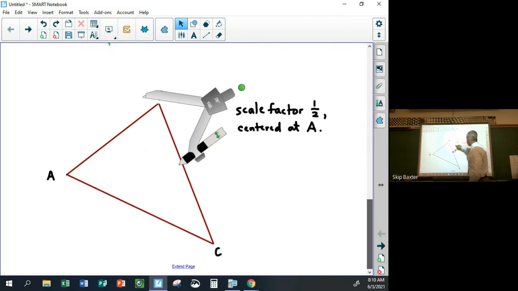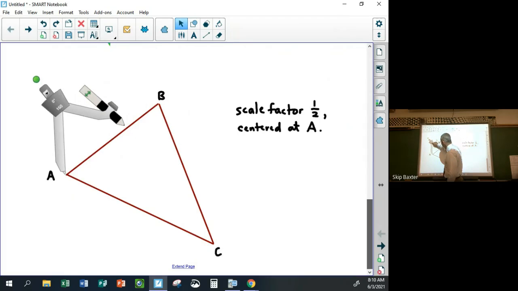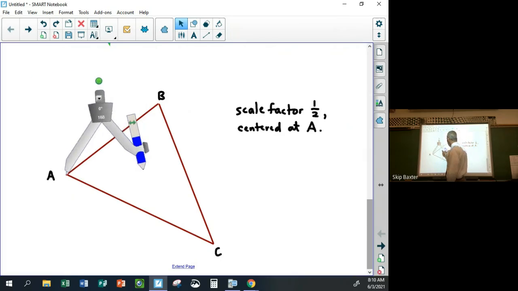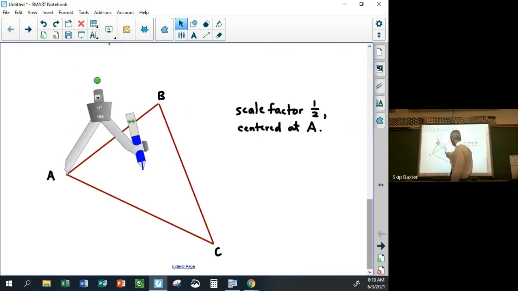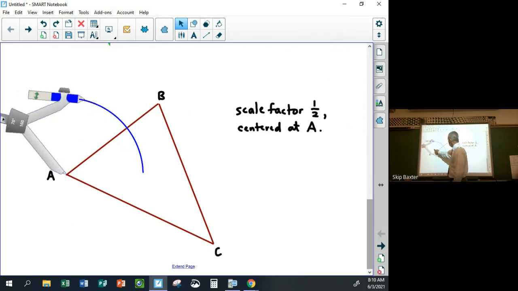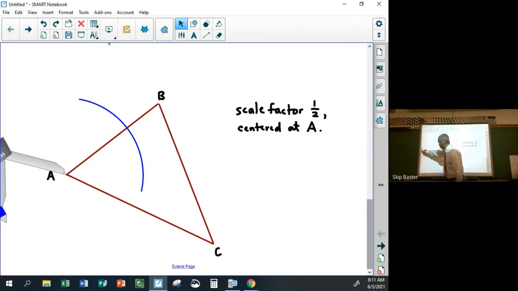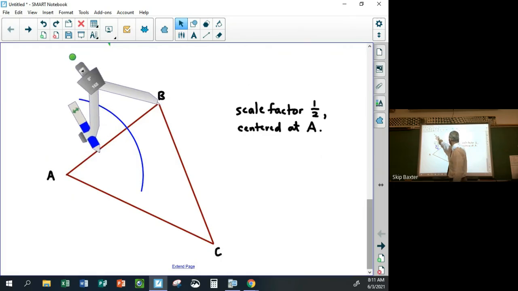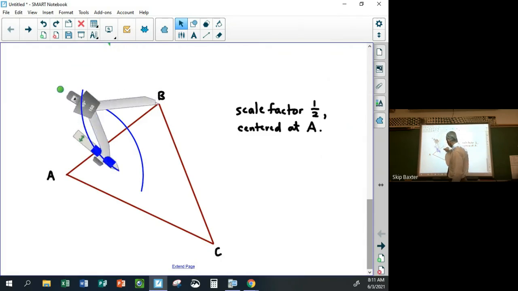right? So I'm going to open my compass more than halfway, starting at A, make a little arc. There's a little arc. Flip your compass around, go to the other side. The same size arc.